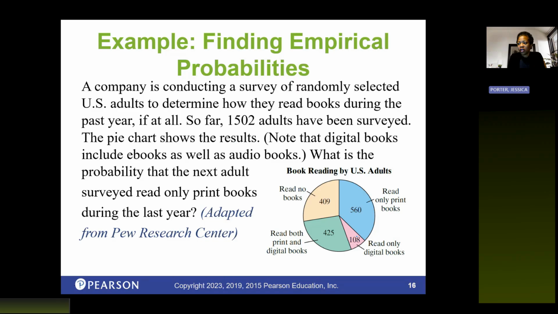Okay. So here a company is conducting a survey of randomly selected US adults to determine how they read books during the past year, if at all. So far, 1,502 adults have been surveyed. The pie chart shows the results. Digital books include ebooks as well as audiobooks. What is the probability the next adult surveyed read only print books during the last year?